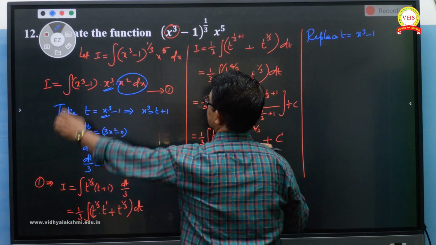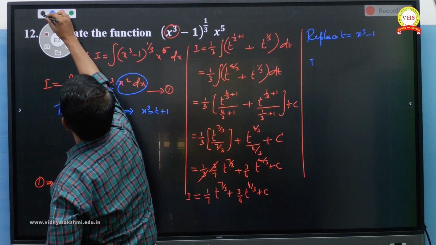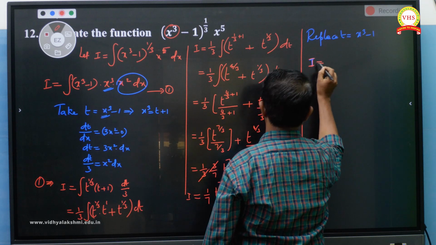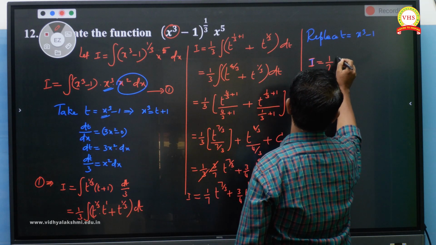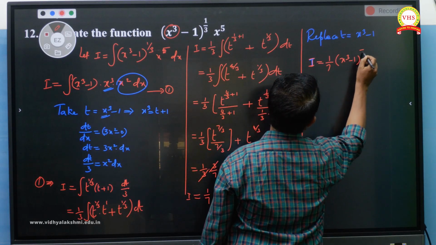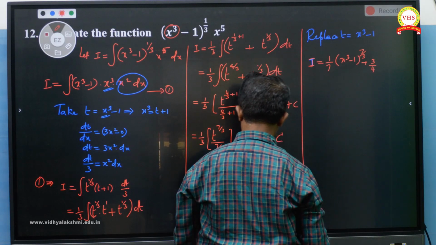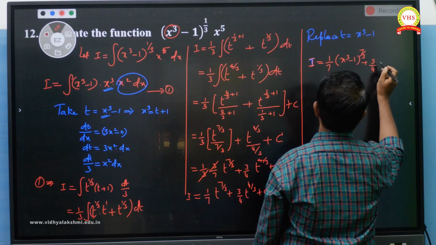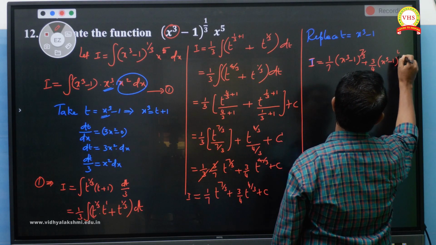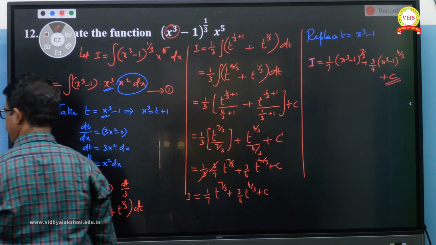Then the solution is I equal to 1 by 7 into (x cube minus 1) whole power 7 by 3, and then plus 3 by 4 into (x cube minus 1) whole power 4 by 3 plus c. This is the solution of the given function.